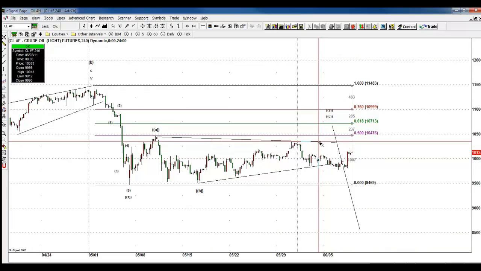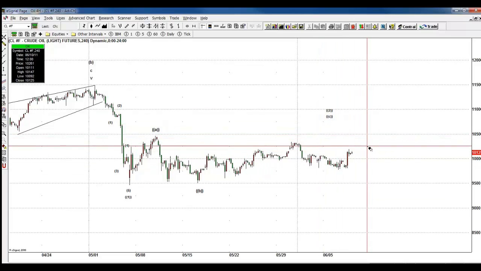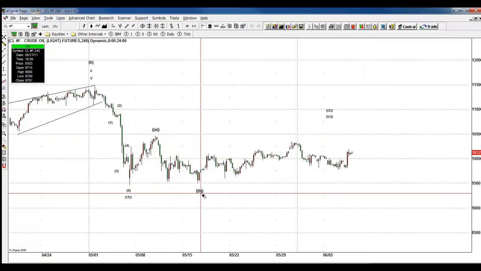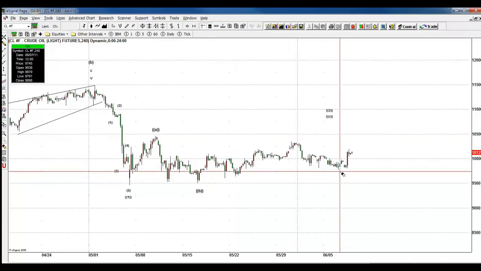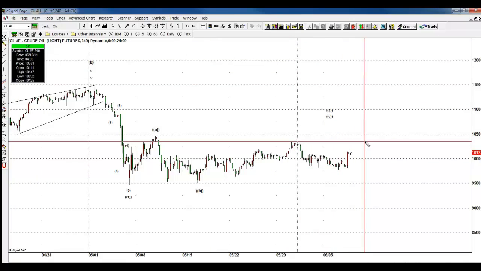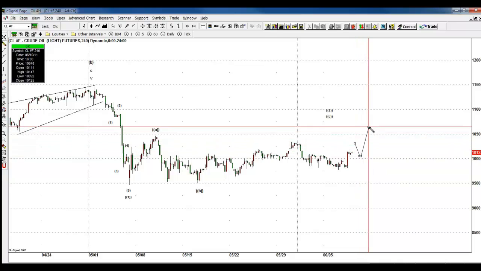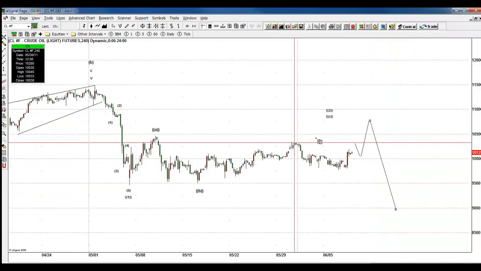It looks like it's not a triangle anymore, and it looks like oil is W, S, and then we got A, B, C, W of a lesser degree, S, and we should see a move higher in oil, something like this, to around this area before oil is going to drop.